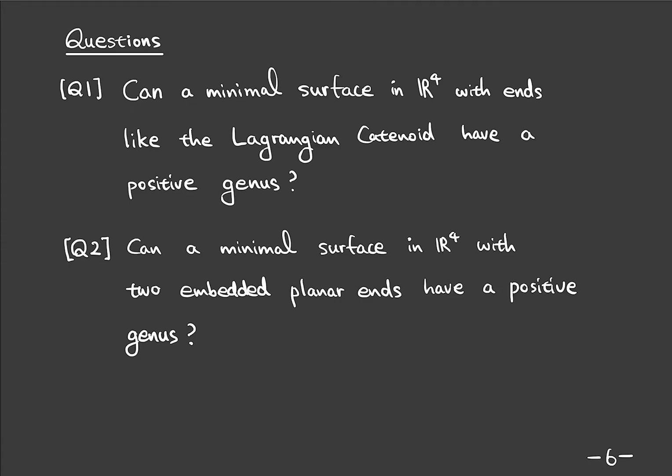Question 1 is, can a minimal surface in R4 with ends like the Lagrangian catenoid have a positive genus? And question 2 is, can a minimal surface in R4 with two embedded planar ends have a positive genus?